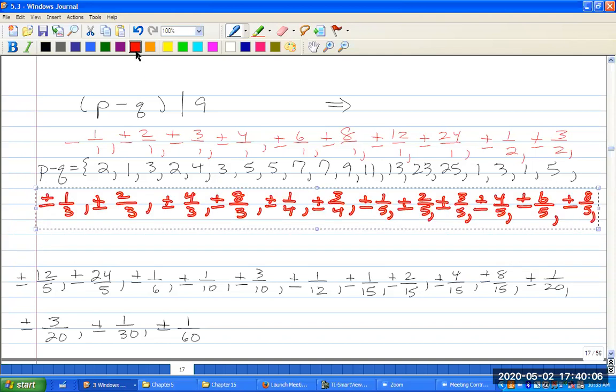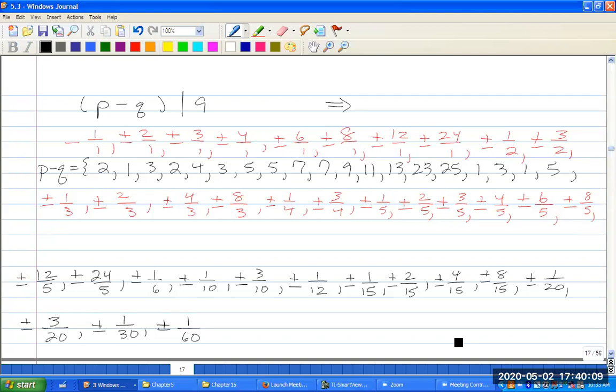Okay, let's make those red so I know it's not what I want. So this is equal to 3 minus 1, so that's 2, 4, 1, 5, 1, 7, 5, 11, 3, 5, 1, 7, 4, 6, 3, 7, 2, 8, 1, 9.